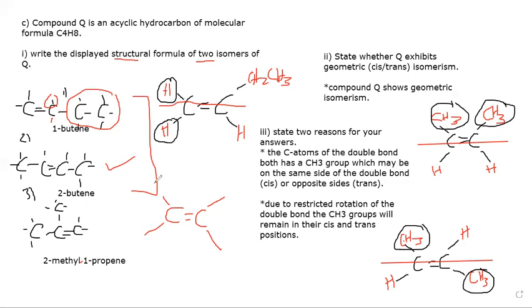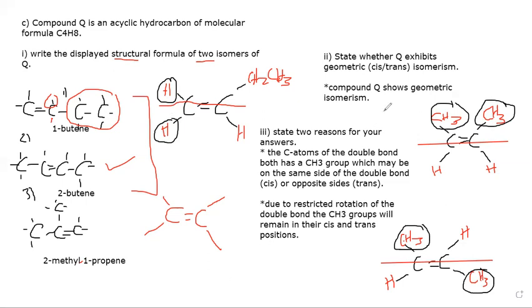So at no point in time will you have the hydrogen atoms being across from each other. It has two hydrogens, so it cannot be cis or trans. It must have two different groups on it. All right. So because it has two hydrogens on it, it cannot be cis-trans isomerism.